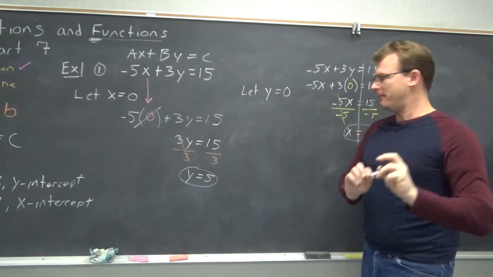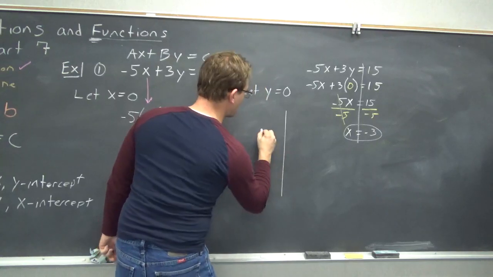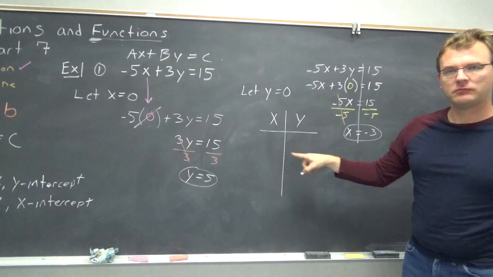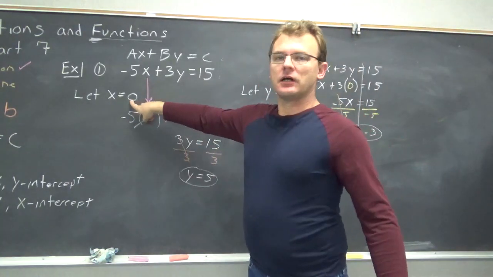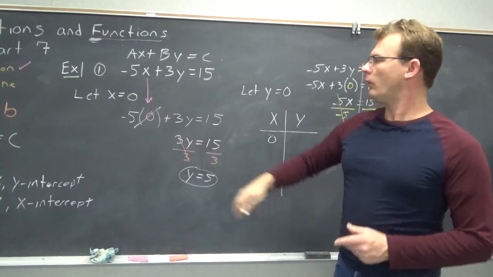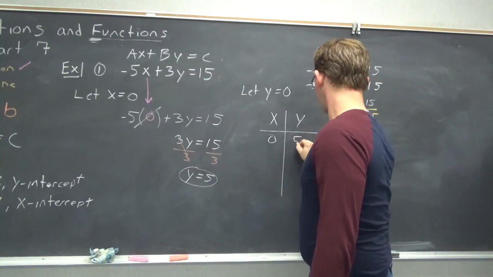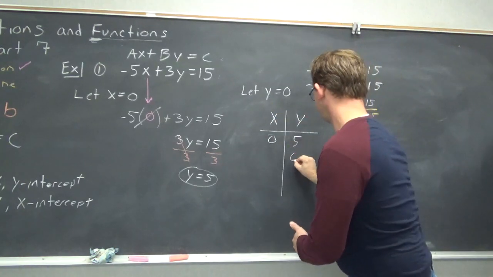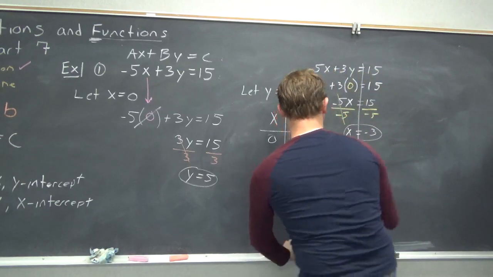So, back up. This is what we're doing. Remember our t-table? When x is 0, what do we get for y? 5, right? When y is 0, what do we get?